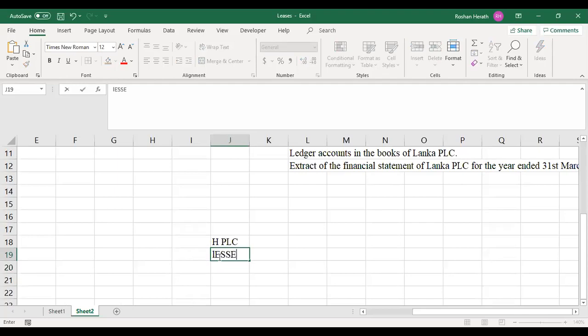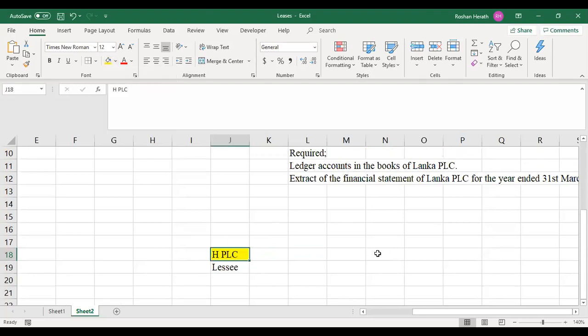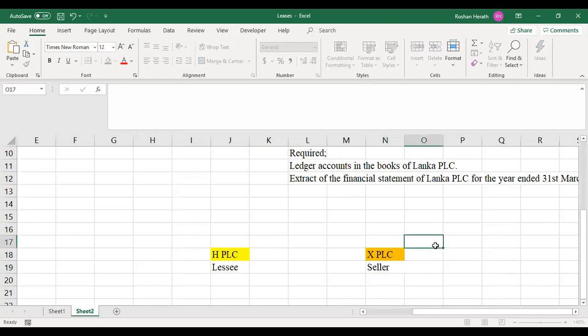HPLC needs a particular kind of machine or a vehicle. The seller may be X Limited or XPLC or something that we do not know. This is what we call the seller. So there is a particular vehicle that you want from a particular seller, but the point is you do not have adequate money.